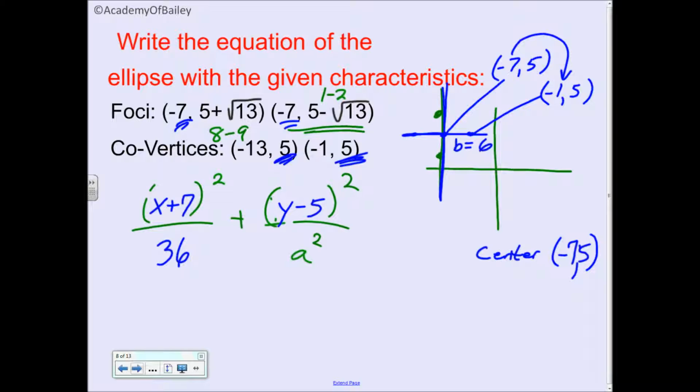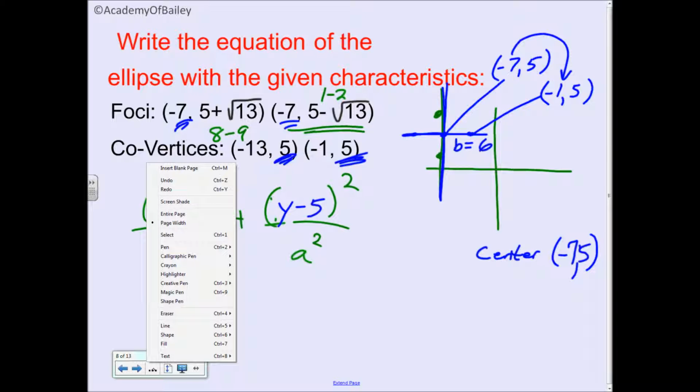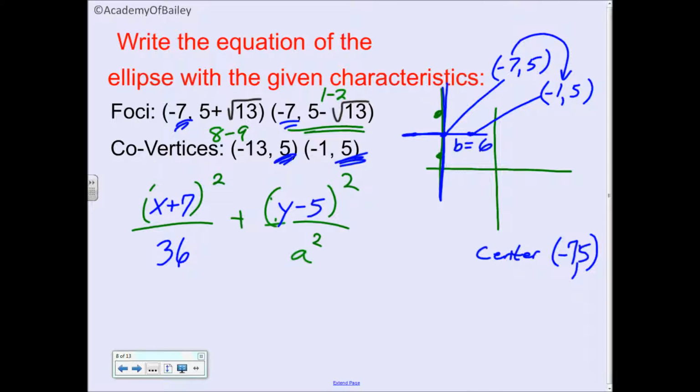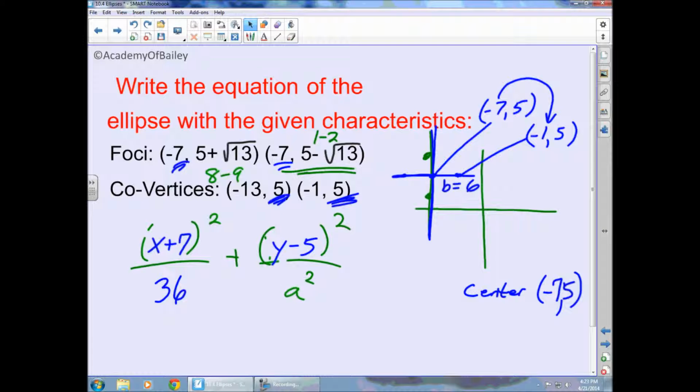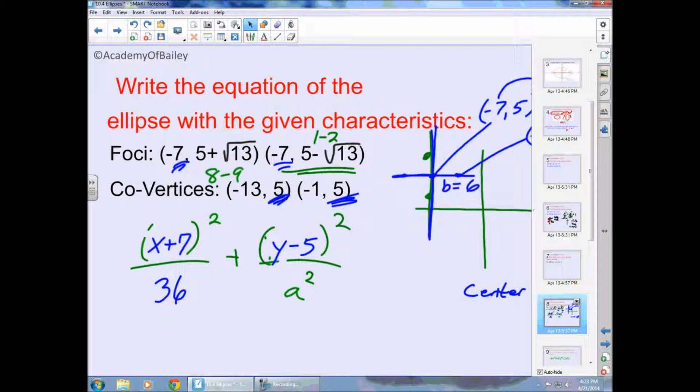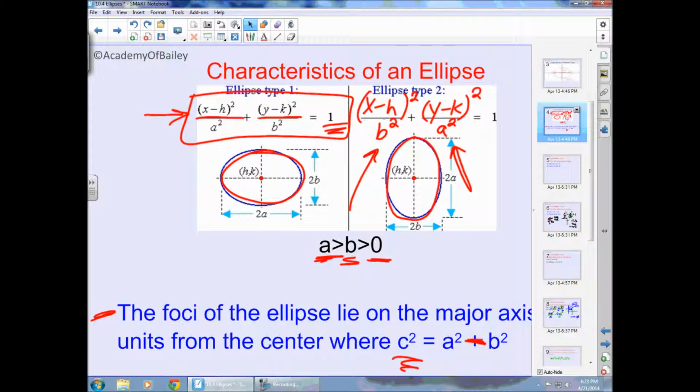Okay. All right, any questions here? Oh, we need to find out what a is equal to. How do we find out what a is equal to? Well, if you don't know what a is equal to, then we might want to look back at the very beginning, we had this page right here.